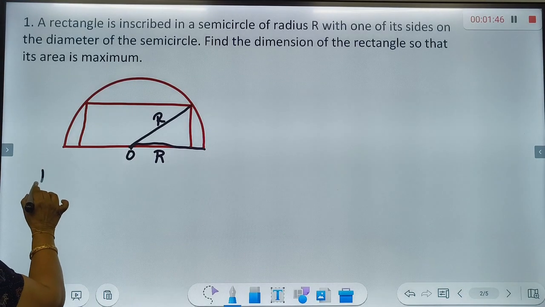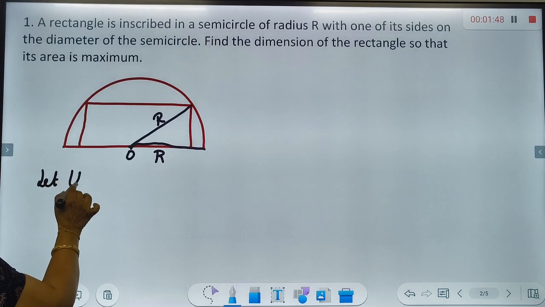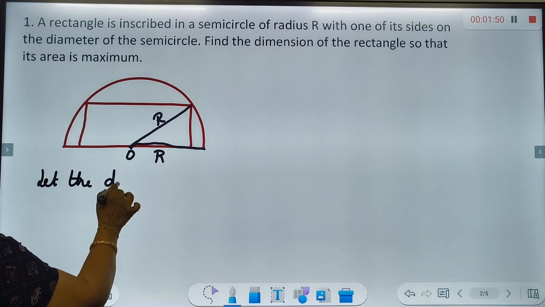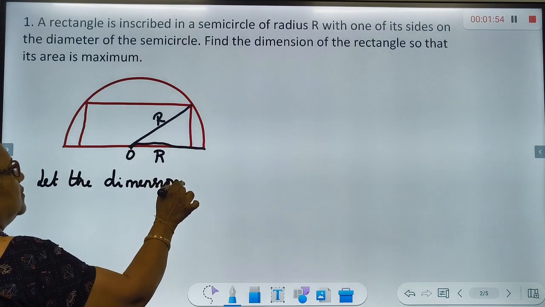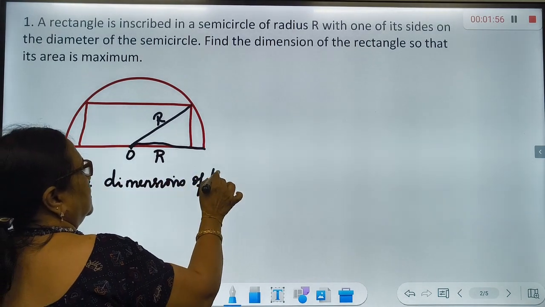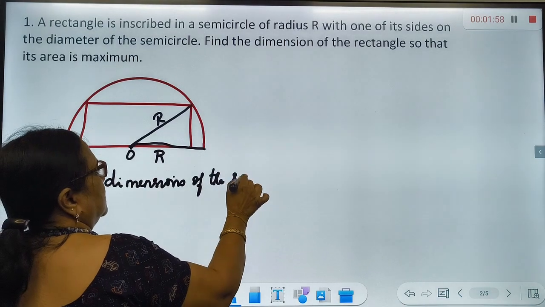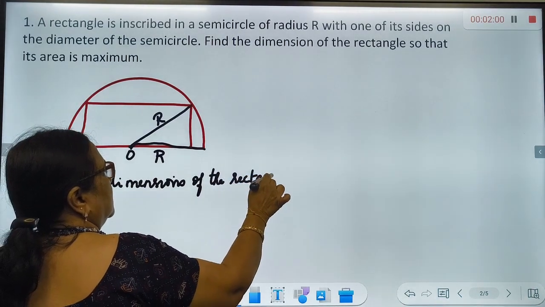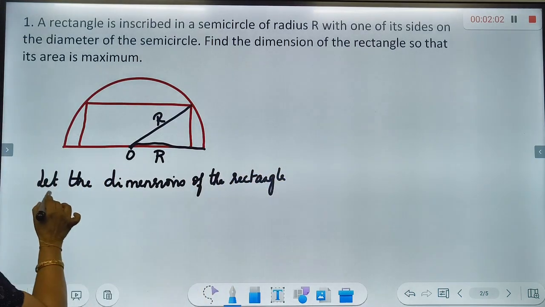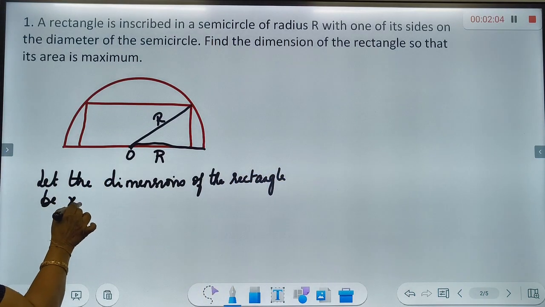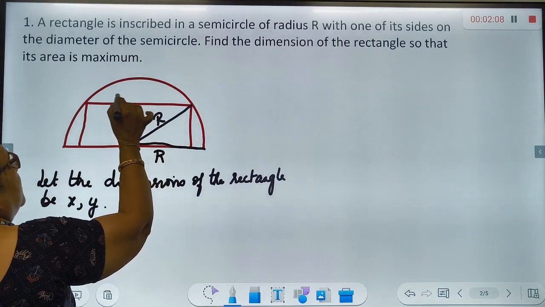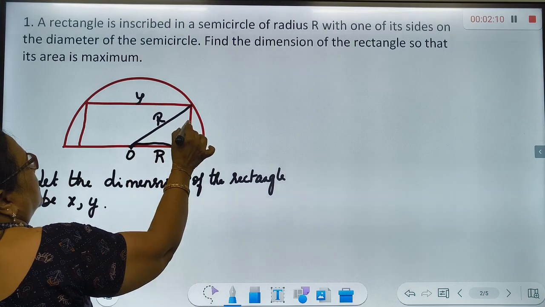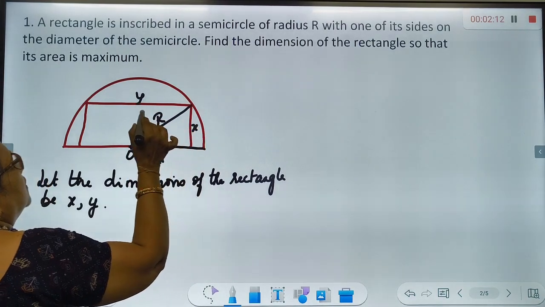Let the dimensions of the rectangle be x and y. Let us keep this as y and this as x.